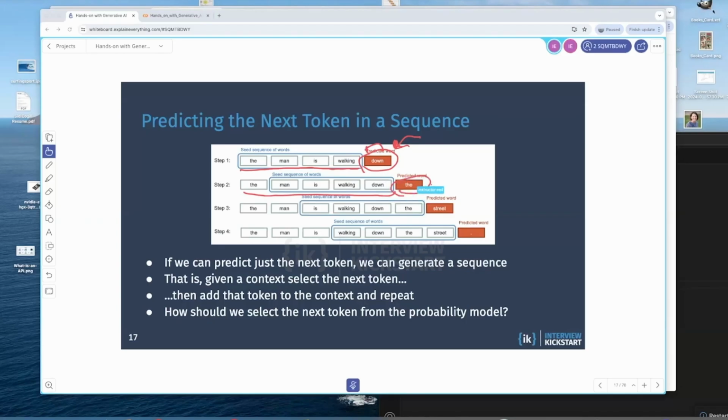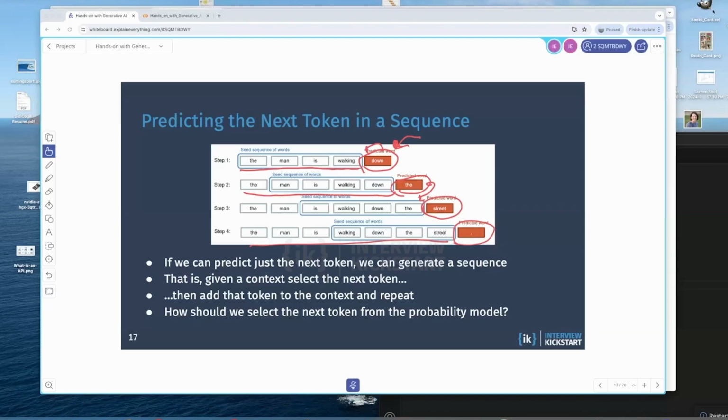I stick that back onto my context, and use my model again, and it predicts "street," and then it predicts a period. It says, okay, the sentence is probably over there. So I was able to start out with "the man is walking" and generate the full sentence, "the man is walking down the street."